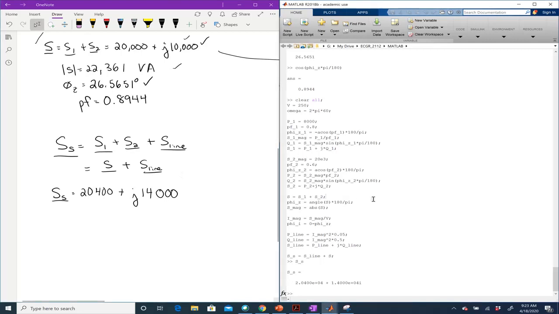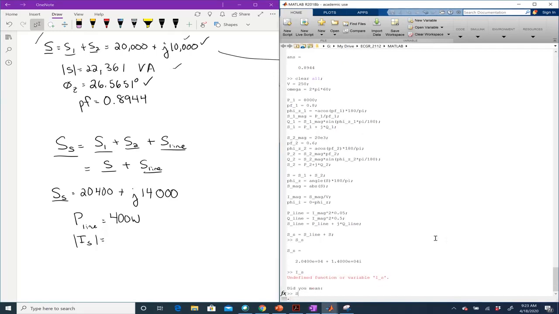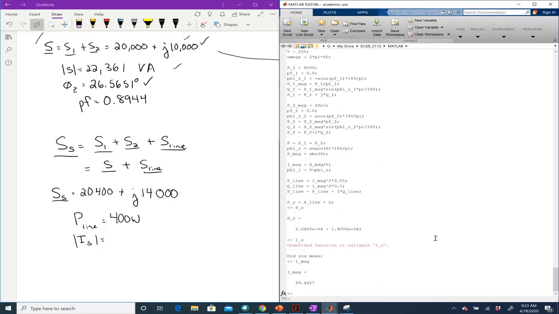And if I wanted to get some of those quantities I was asked for, I can see from this P line has to be the extra 400 watts. And if I go in and I get the magnitude of I sub S, I mag is what I called it, is 89.4427.